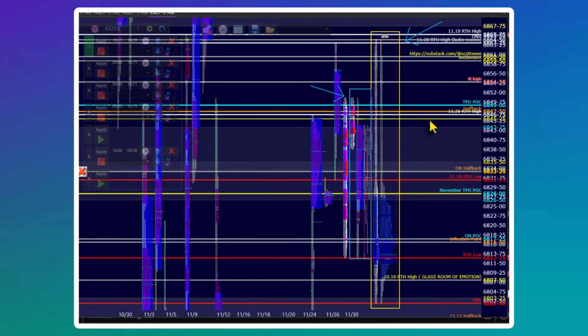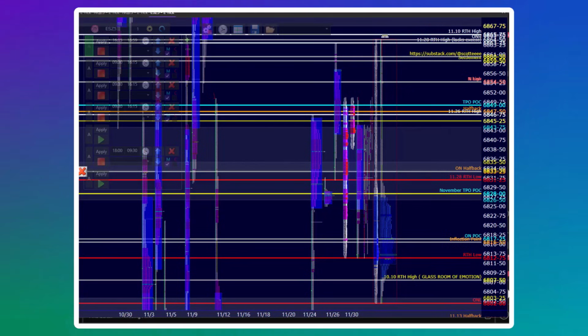You can see the yellow horizontal line is price. So price right now is at 68.45. Again, it's the middle of the day, 12:30 p.m. on December 1st.